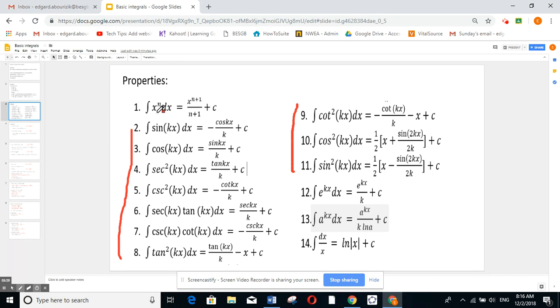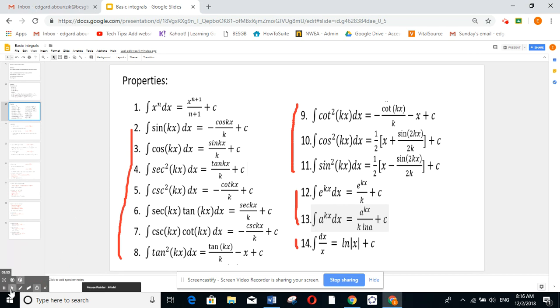What does it mean? The integral of x cubed is x to the 4 over 4, then x to the 5 over 5, x to the 6, x to the 7 over 7, x to the 10, x to the 11 over 11. For example, x to the minus 2, if you add 1, is x to the minus 1 over minus 1. For x to the 3 over 2, it will be x to the 3 over 2 plus 1 over 3 over 2 plus 1, etc. These are for exponential, and this is for logarithm.